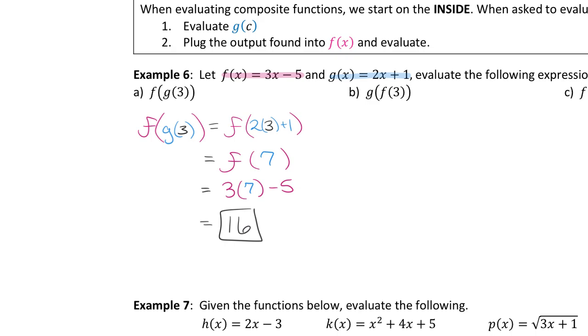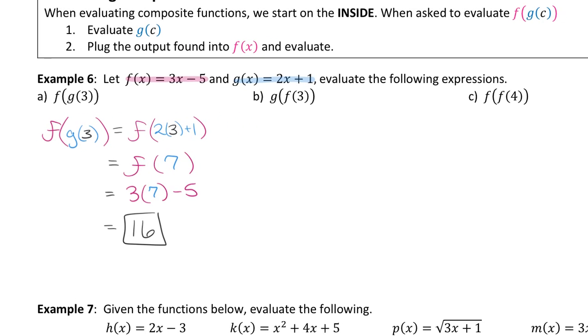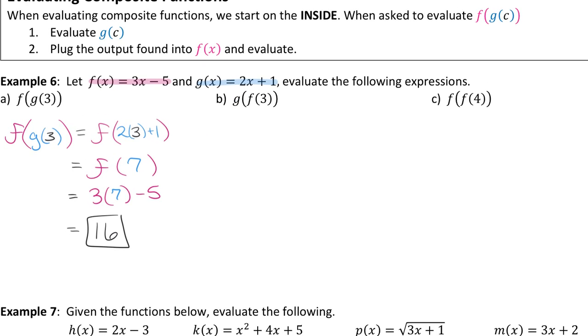Okay. Part B, how would you say that out loud? G of f of 3. Nice. So what's the inside function this time? F. All right. We've got that clear. Let's go ahead and do it. So we're doing g of f of 3.